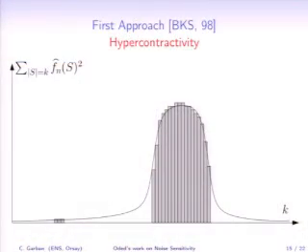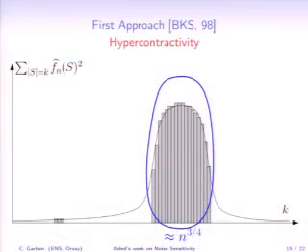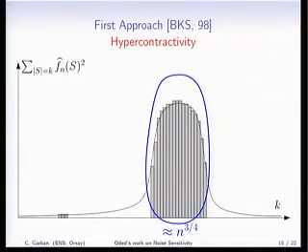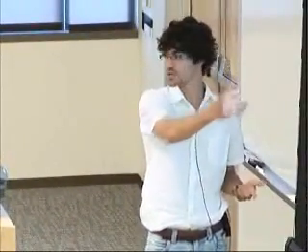So the first one, before saying this, from the beginning there were heuristic arguments which say at which speed the spectral mass should diverge to infinity. And it's even more than this. You can prove that a positive fraction of the mass will spread at this speed here, if you know the critical exponent.